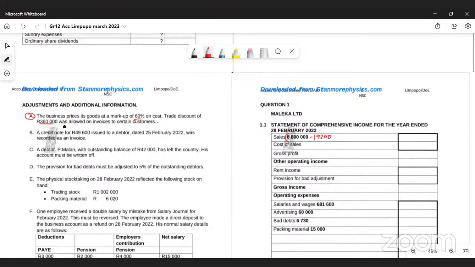Remember, there's nothing saying that this was not recorded. We are just being told that there was a trade discount allowed. What is a trade discount? It is not just an ordinary discount. When we speak of a trade discount, we are giving that person a discount when he is buying the product, maybe because he is a loyal customer to the business.